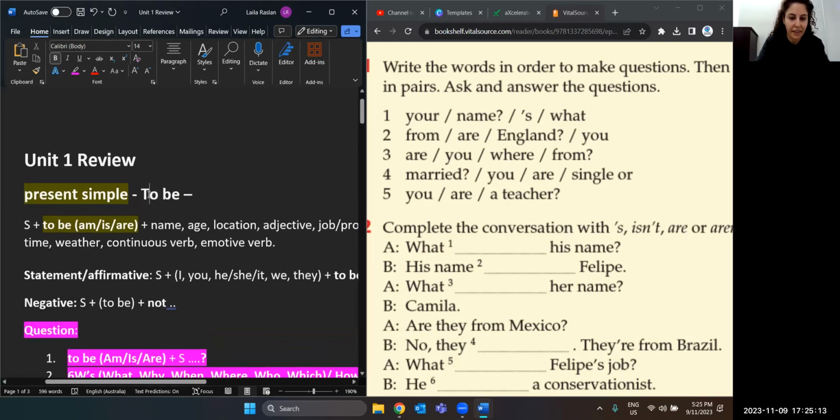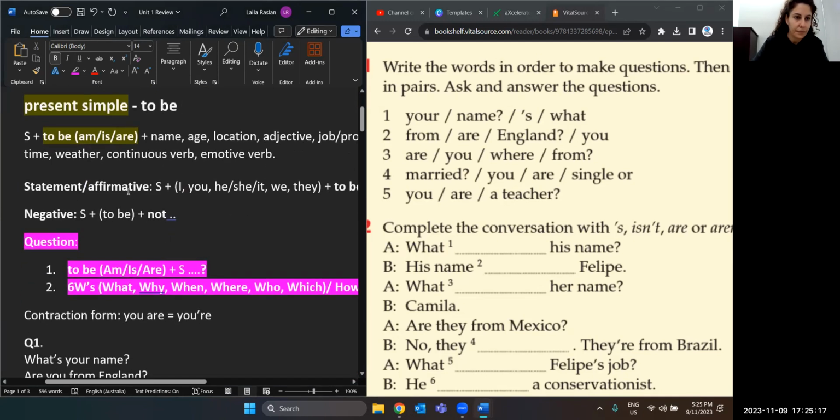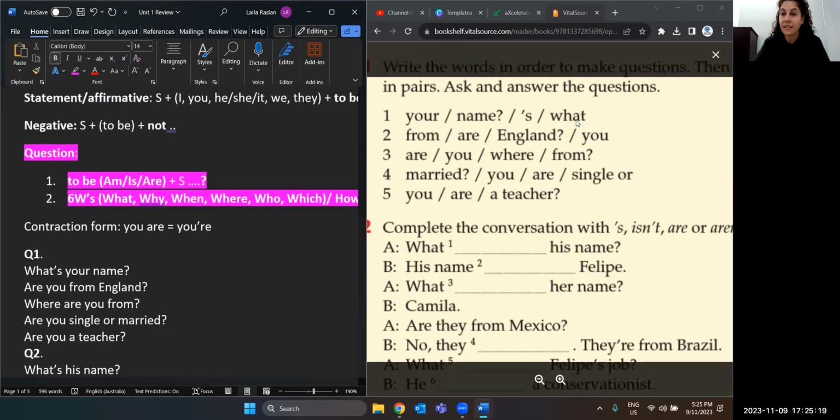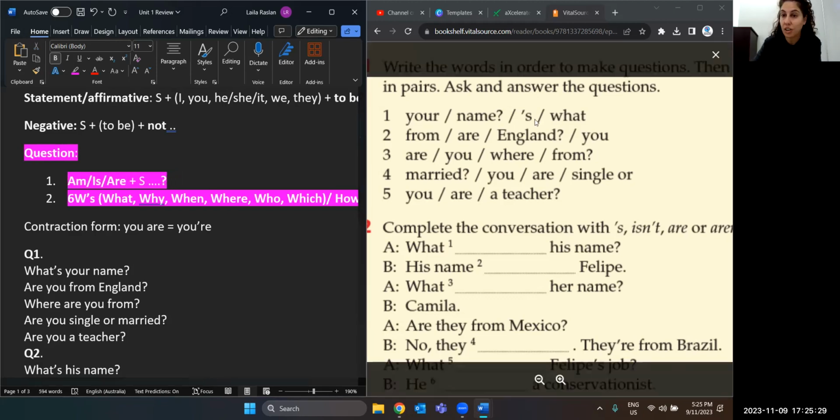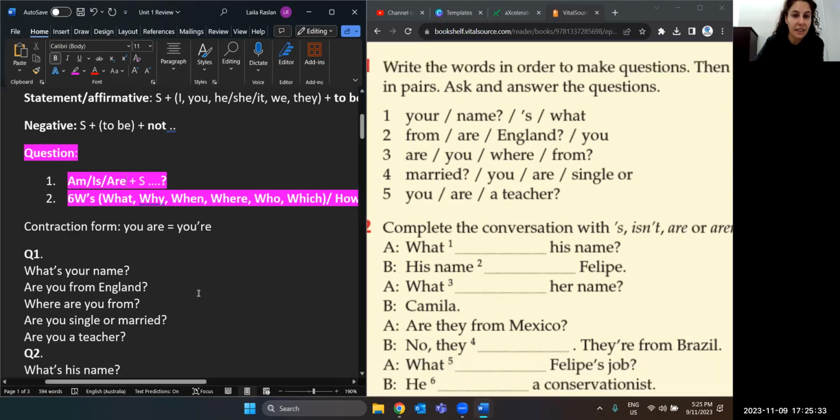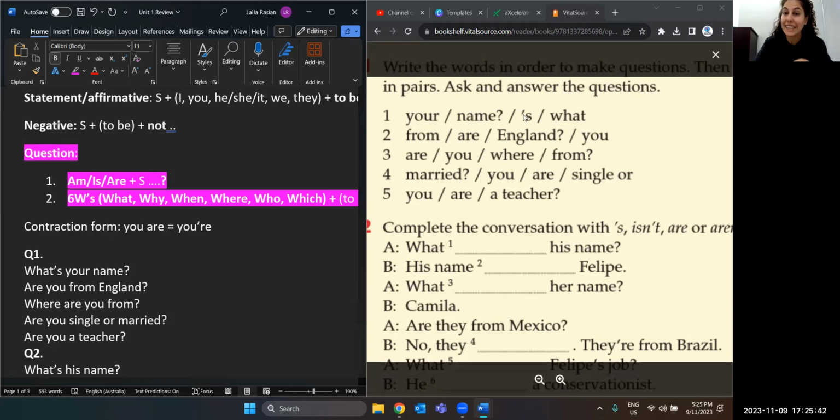Okay, so we have the first one. I can see that there's a W because you remember either you start with to be, am, is, are, or you start with the W. So it looks like it's a what. So what, then we need the verb to be. So what am, is, are. So it looks like it's what is.